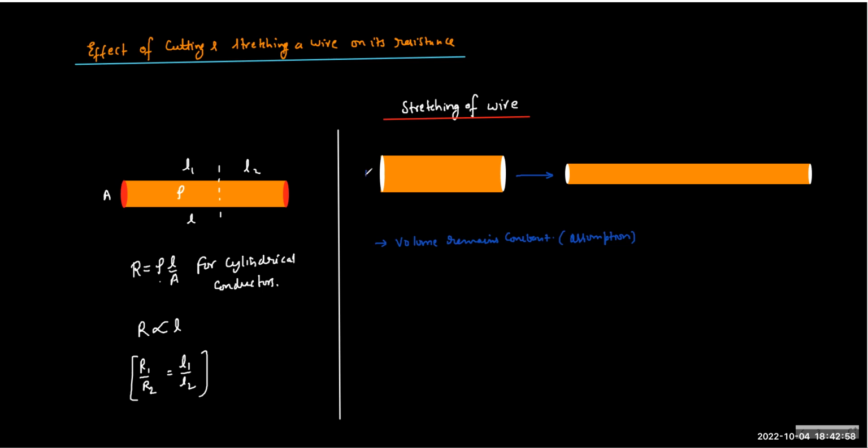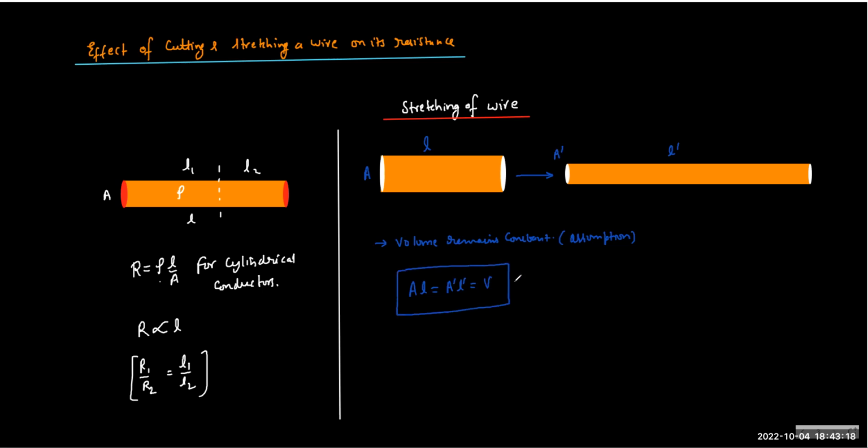So if I say this is the area of cross-section as A and the length as L, and let's say the new area is A dash and length is L dash. The first thing you can always write is AL equals a constant quantity.